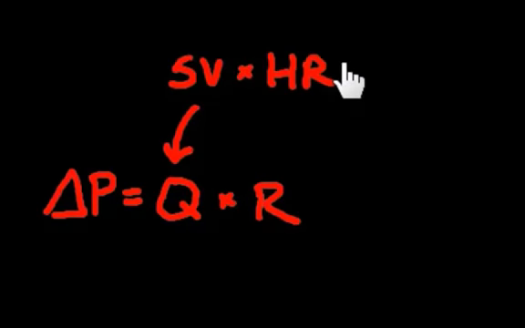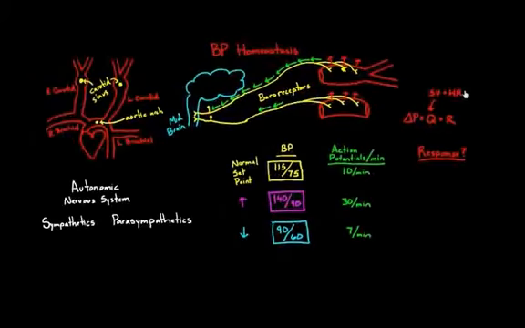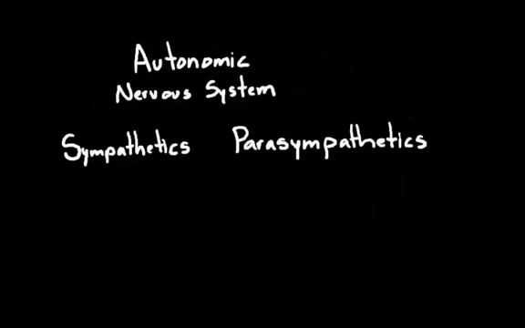So if my body can do anything to raise the stroke volume or the heart rate or the resistance, then my pressure will go up. And vice versa, if I can drop the stroke volume or heart rate or resistance, then my pressure will go down.